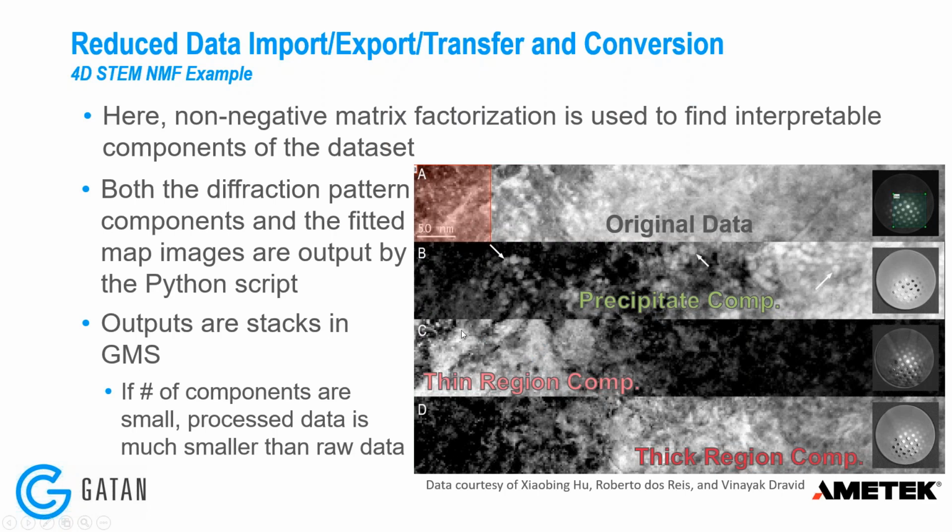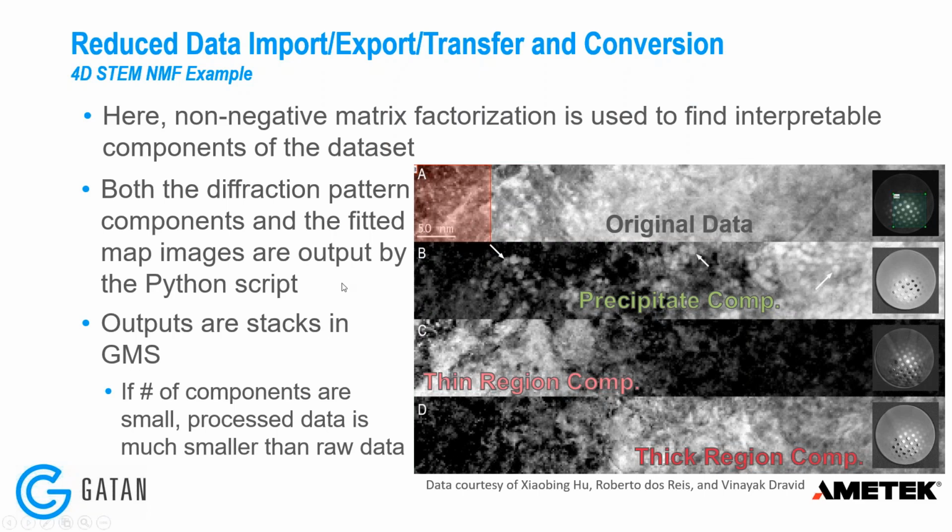One component that it found really shows the thin region. It's a component that's prevalent in the thin region of the sample. Another component is much more prevalent in the thick region of the sample. And then a third component really emphasizes these precipitates, which are the part of this material that the researchers were really actually interested in.